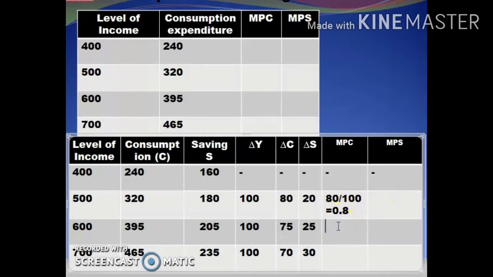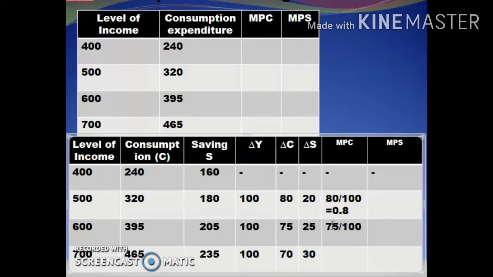Next column, 75 divided by 100. The answer is 0.75. Next column, 70 divided by 100. The answer is 0.70. So that is MPC.